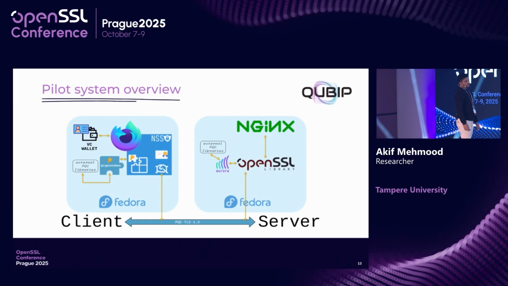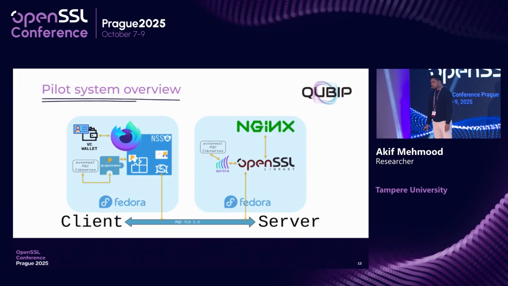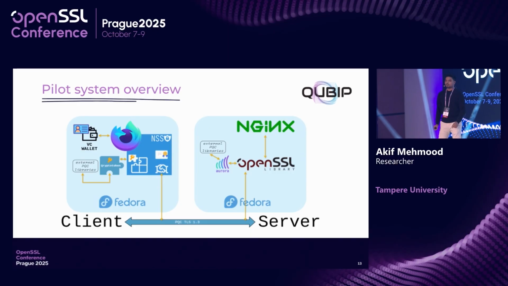On top of it, I also want to mention one more thing: we have an upstream Rust-based crate, which allows any one of you to create an OpenSSL provider in Rust. So if you are looking to create an OpenSSL provider from scratch in Rust in the future, you can refer to our upstream crate.